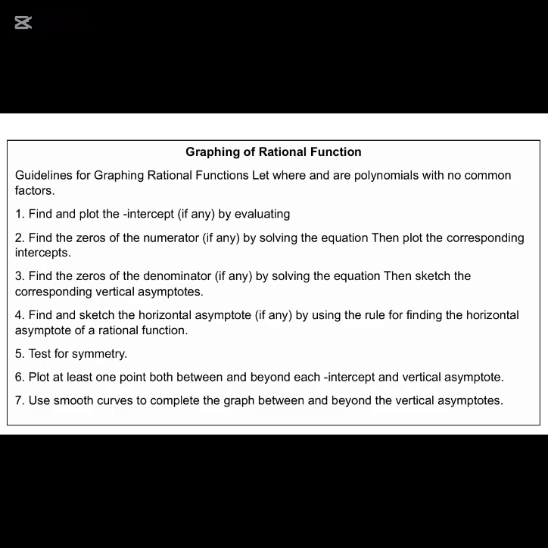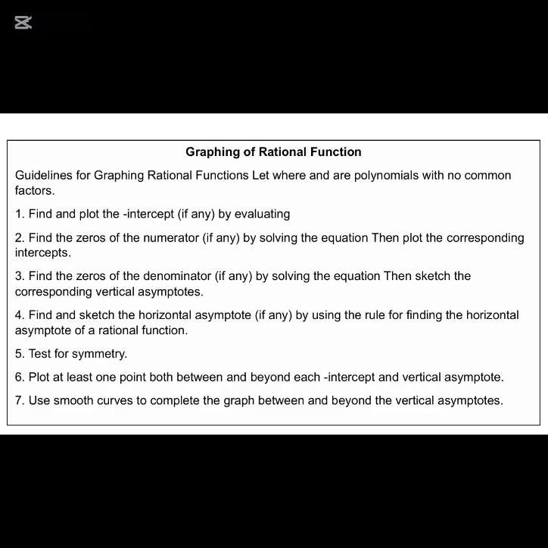Number 3, find the zeros of the denominator. These give the vertical asymptotes. Number 4, find and sketch the horizontal asymptote by using the rule for finding the horizontal asymptote of a rational function.